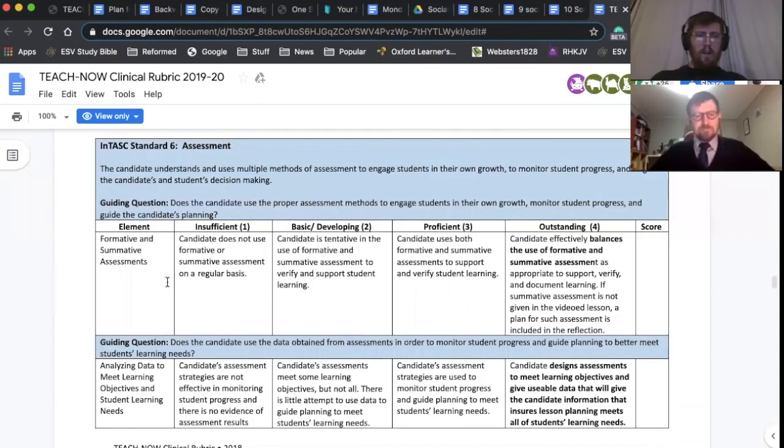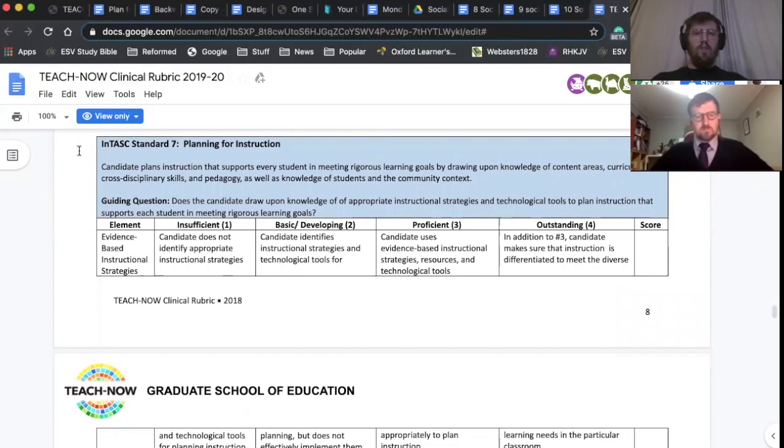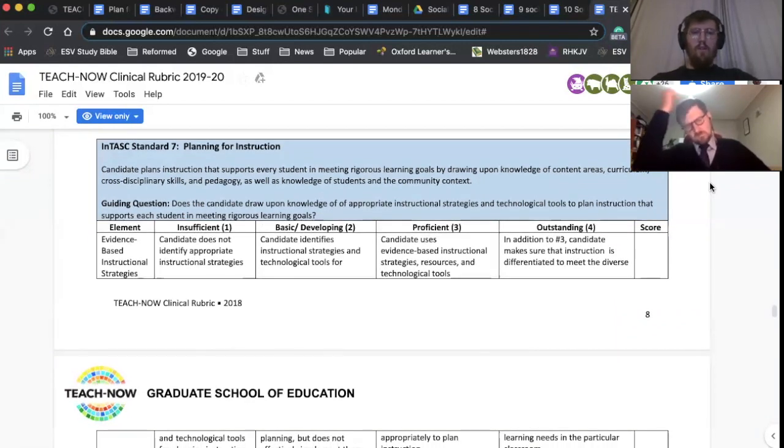The standards that I was thinking about, that I wanted to improve on as a teacher, were standard 6 on assessments, thinking about multiple methods of assessment to check student growth and progress, and standard 7 as well, planning for instruction. I think the more prepared you are, the better your lesson will go.